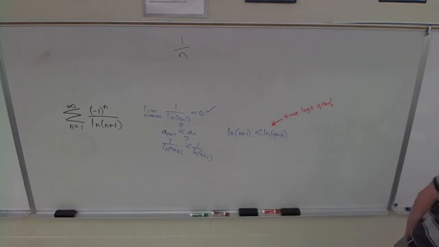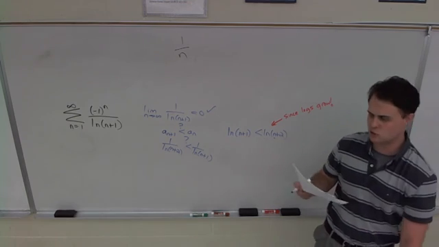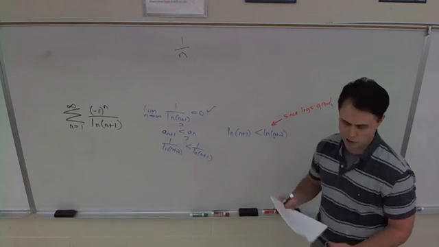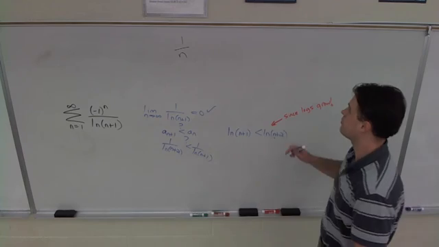So here's what I said. Should we do that comparison? Let's do it. I didn't do it. So directly compare. So let's directly compare with 1 over n.